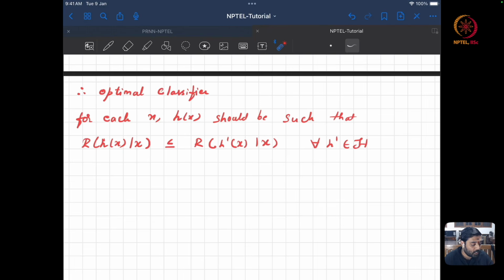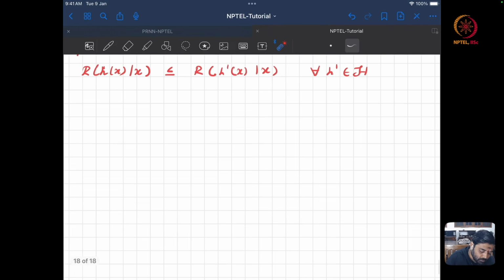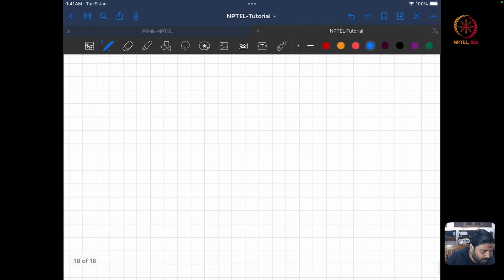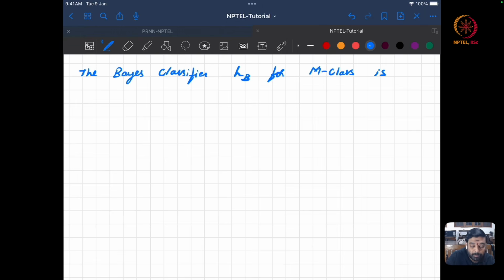Okay. So now let's bring in the Bayes classifier. Let's call it HB, for a generic M class.